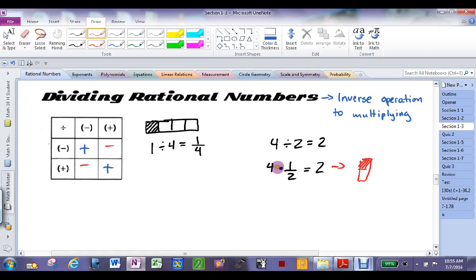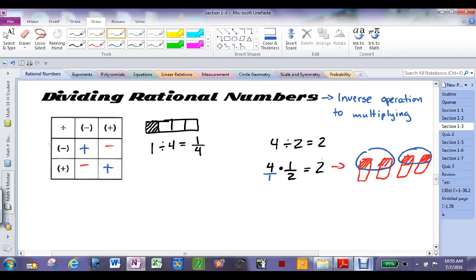And I need how many of them according to this question? 4 times a half. Now there's 1, there's 2, correct? Yep. That makes 1 whole and a second whole, which is 2. Everybody good? Okay. Now, how should this 4 really be written? 4 over 1. And then you guys are smart kids. Multiply straight across. 4 times 1, 1 times 2, 4 over 2, 4 over 2 is 2.